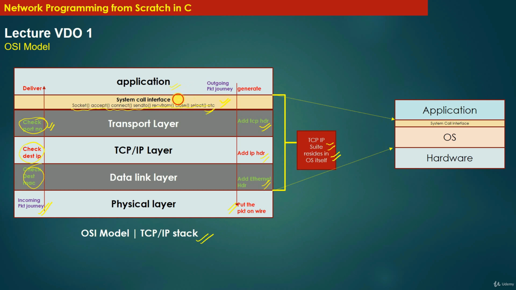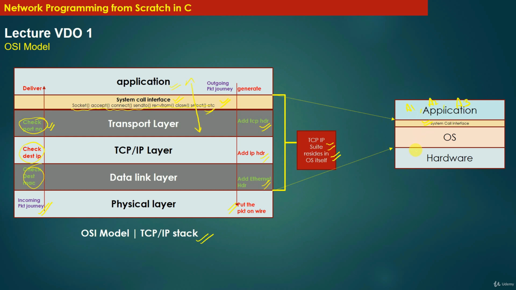That is why it is called the system call interface, because it is an interface between the application and the operating system. On the right hand side you have many applications running on top of the operating system. The application could be A1, A2, or A3. These applications communicate with the operating system using the system call interface.